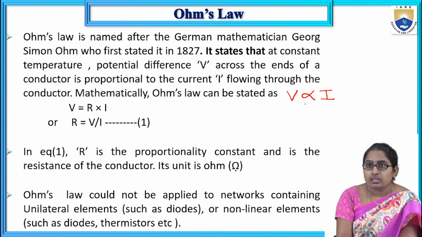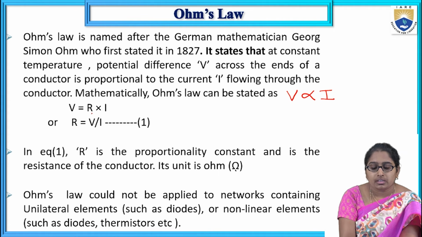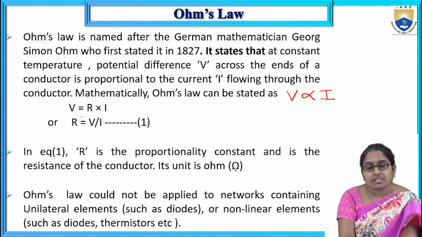Here the proportionality constant is resistance, so we can write V equal to R into I. R is a proportionality constant, and it is called the resistance of the conductor.